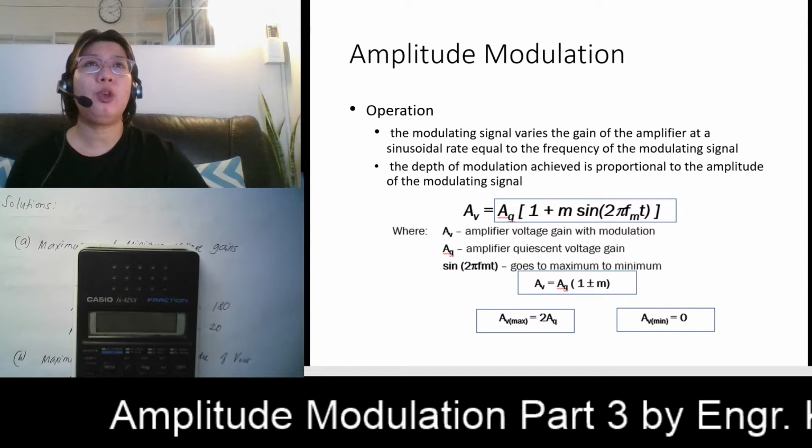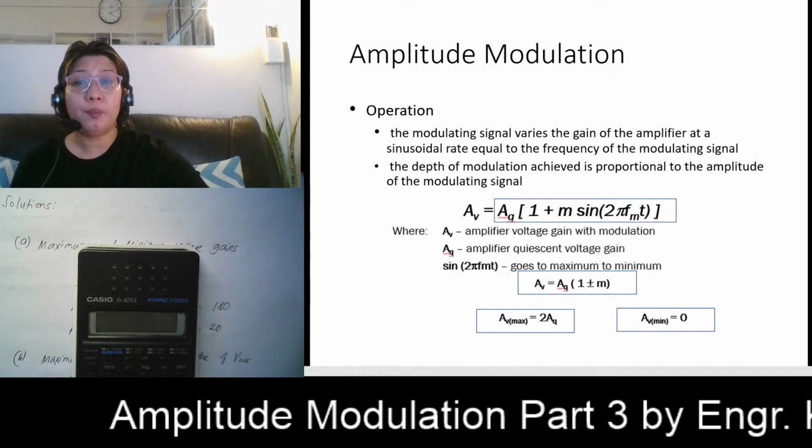AV is the amplifier voltage gain with modulation. How do we know that modulation already takes place? Because of the appearance of your M here. When we have your modulation index, that means modulation already occurred.